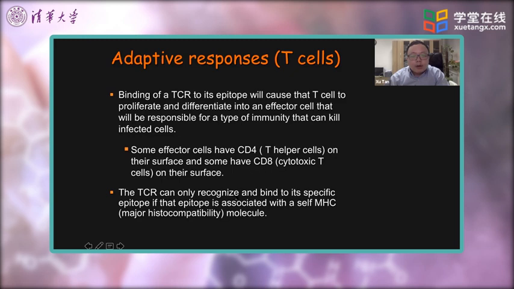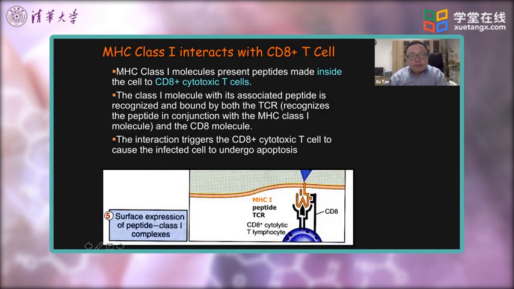And this TCR can recognize and bind to a specific epitope if the epitope is associated with a self-MHC molecule.